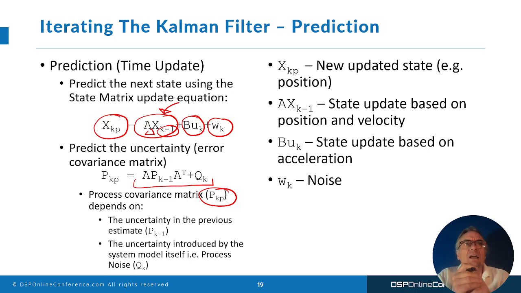So we take the process covariance matrix, how the signals vary with respect to each other, and then we use those to update the new covariance matrix, the new noise. How much is the noise? And hopefully over time this uncertainty is going to reduce as the Kalman filter starts tracking the true state of our object.